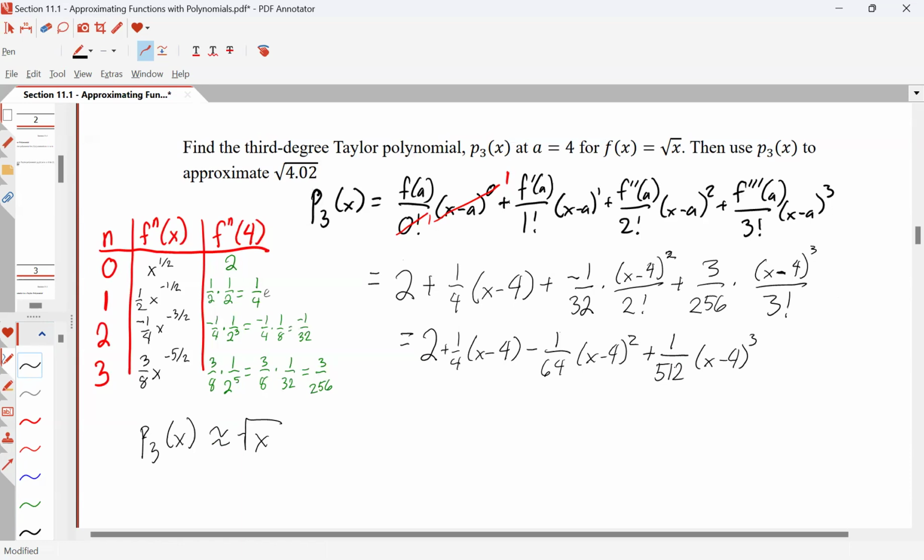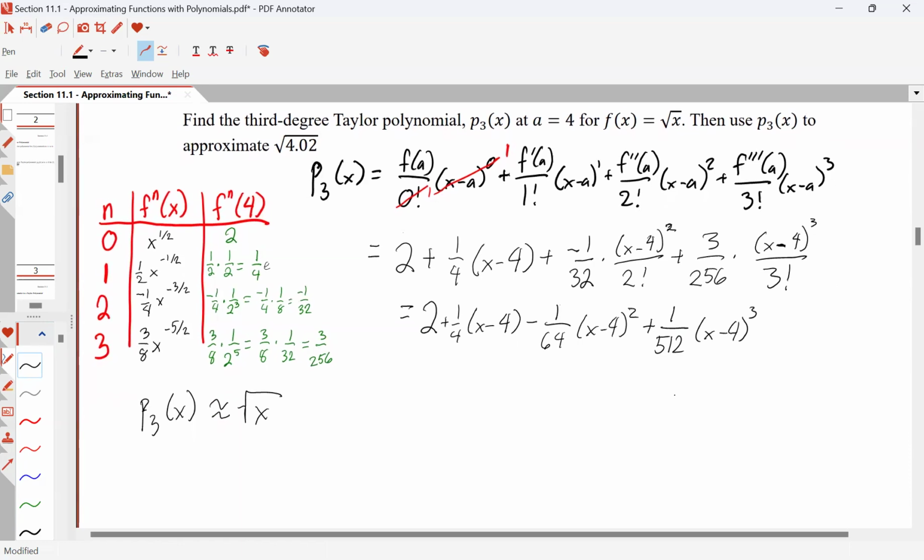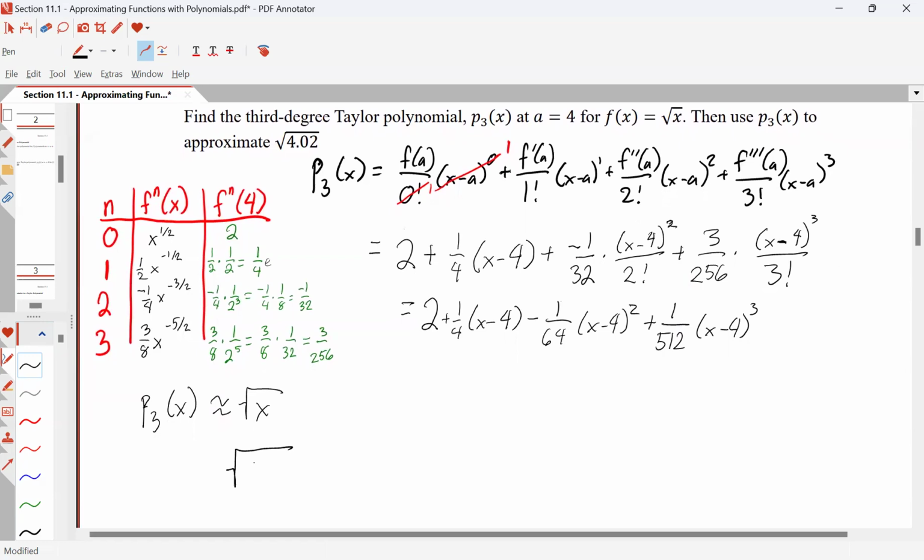However, really close to 4, these are going to be about the same. So if I want to approximate the square root of 4.02, that would be approximately this Taylor polynomial at 4.02. So I'm going to plug 4.02 into this Taylor polynomial.